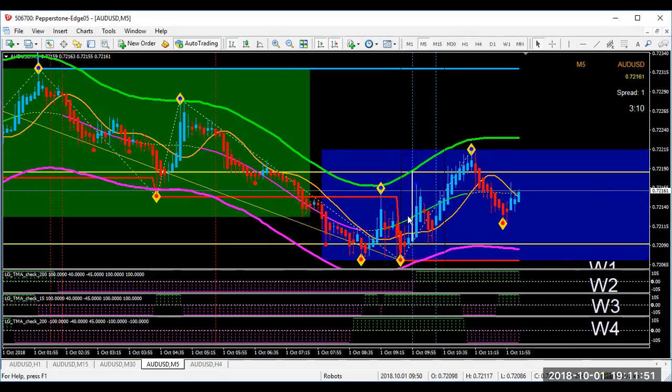Unless a diamond comes up with a white line joining a red and a blue diamond, in which case we consider a manual close at the end of that candle. Otherwise, apart from a diamond going to the extreme or getting a white dotted line, we expect our targets to be hit. That's really the crux of this vertical line trading.